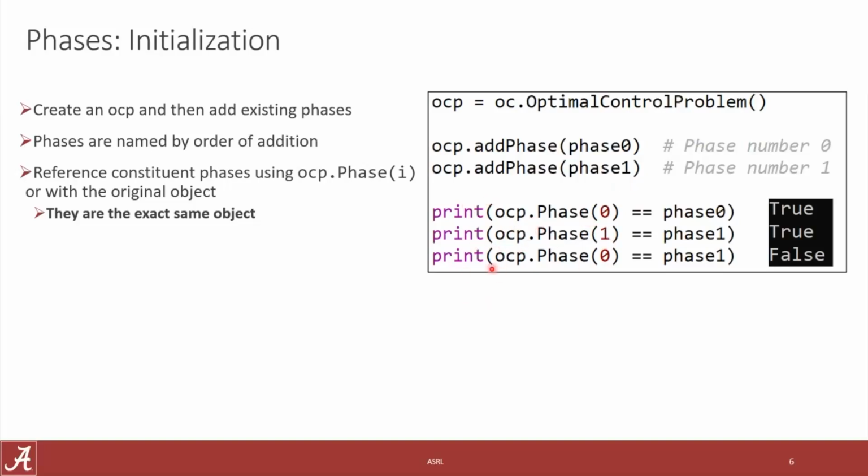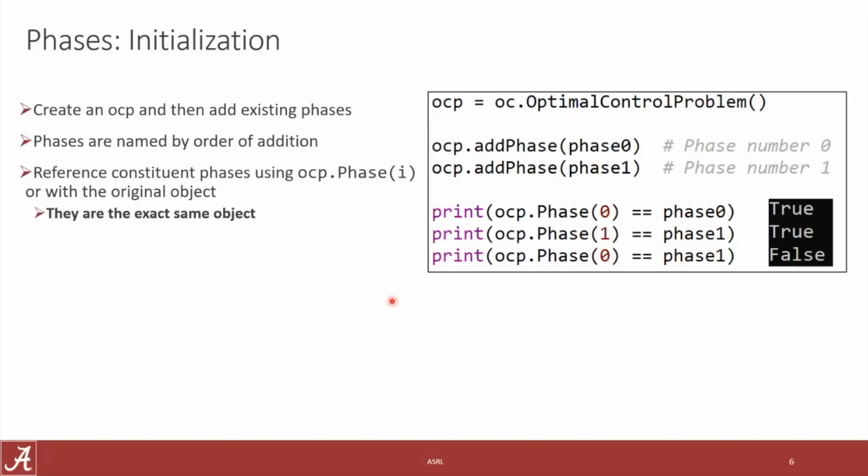Now the optimal control problem has these members that are your phases. So phase index 0 is the first phase that you passed in. OCP.phase index 1 is the second phase that you passed in. So you now have them all pulled together. It's important to remember the phases that you've added into this optimal control problem are the exact same object.